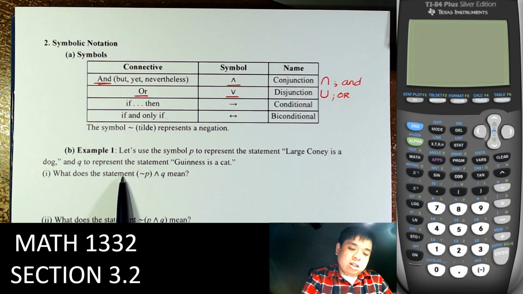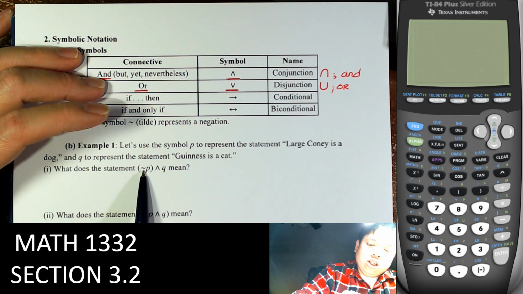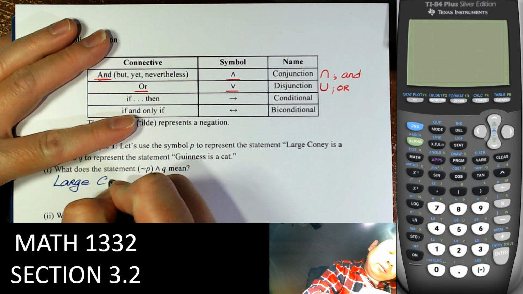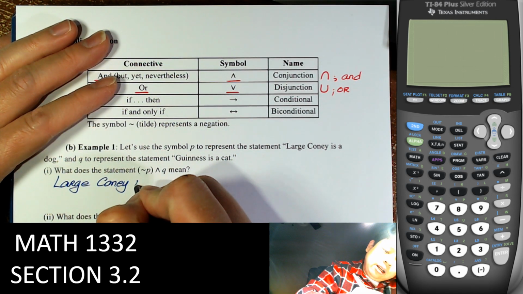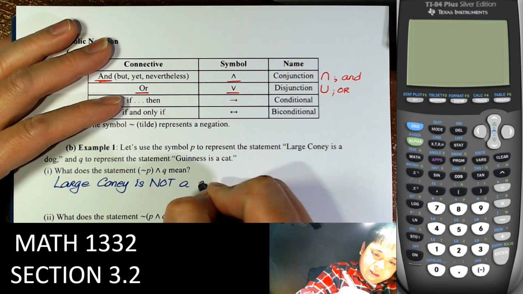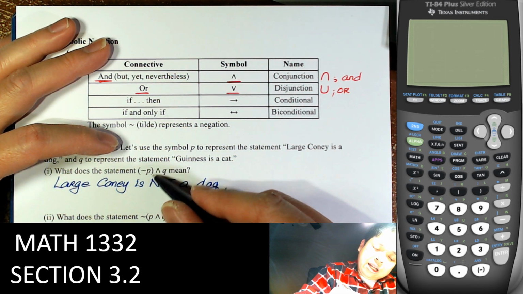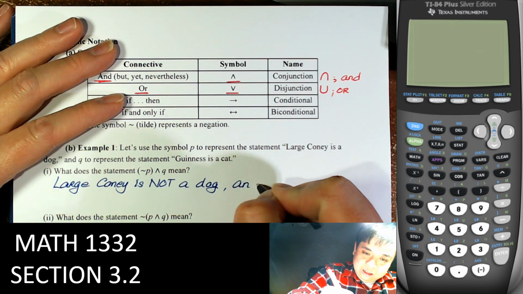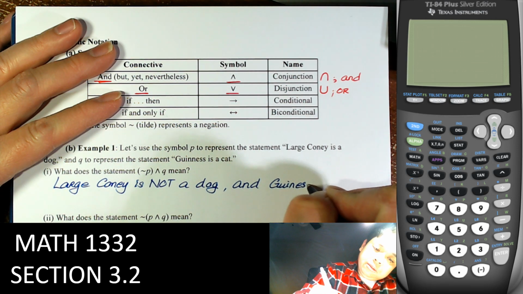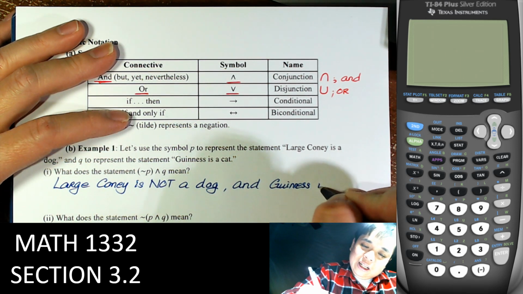What does the statement not P and Q mean? So it is the simple negation of P. We say Large Connie is not a dog, and that is a conjunction, and Venus is a cat.